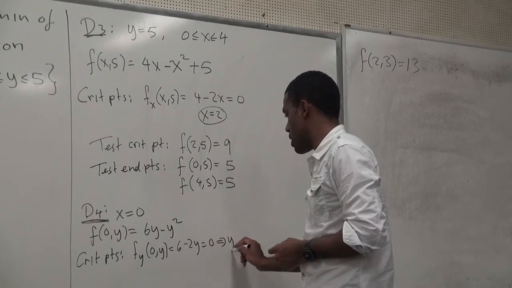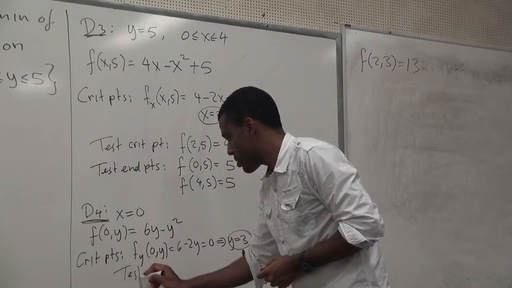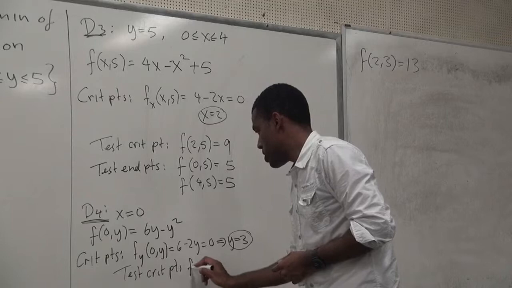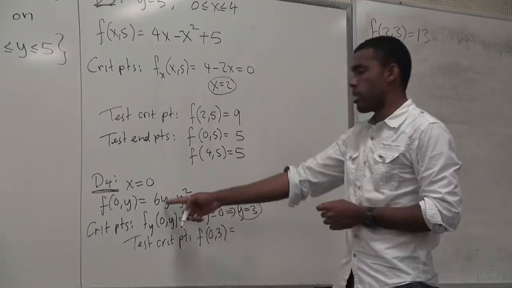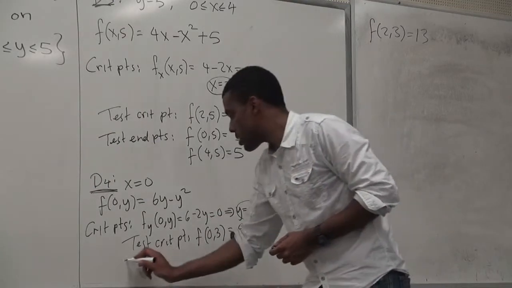This means that your y is equal to 3. So you test the critical point. This means you're testing f of 0 comma 3, which means you plug in 3 here. You get 9.